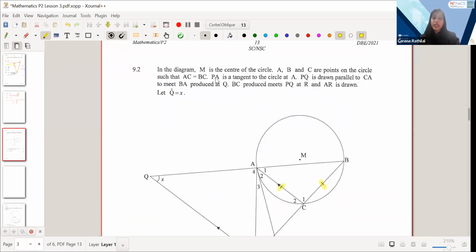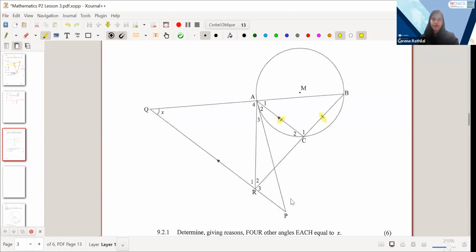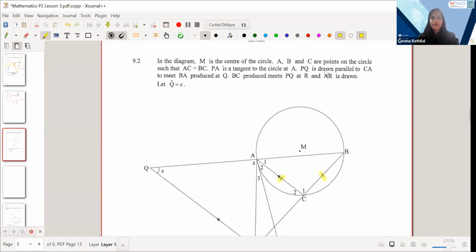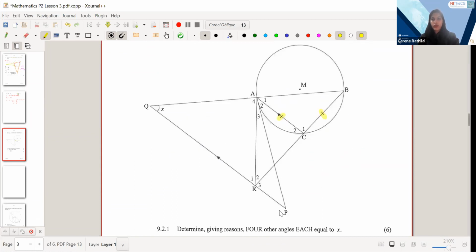We're then told that PA is a tangent to the circle at A. That is indeed true. PQ is drawn parallel to CA. So there's another nice thing happening in here. We've got parallel lines, and it's also part of a triangle. Look at triangle BQR.